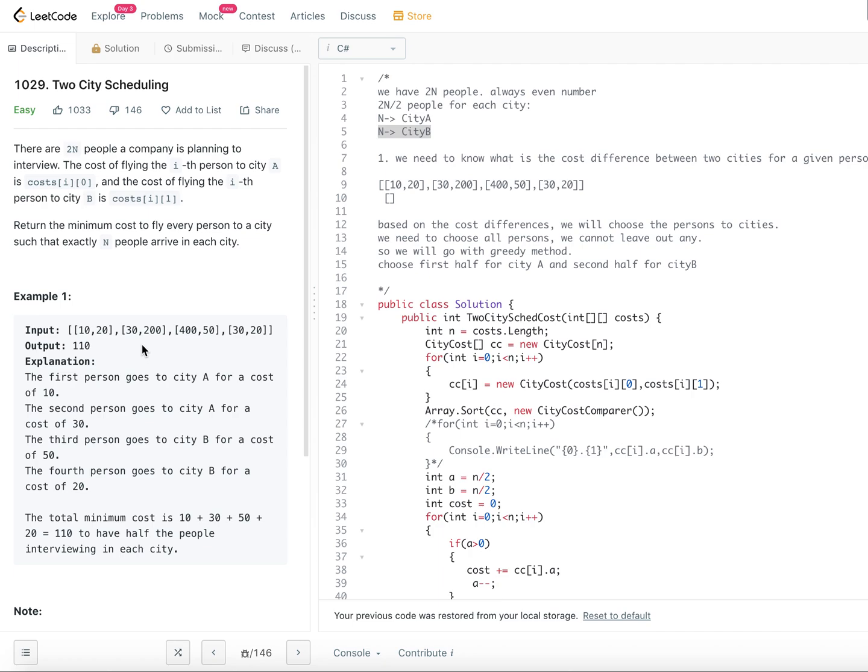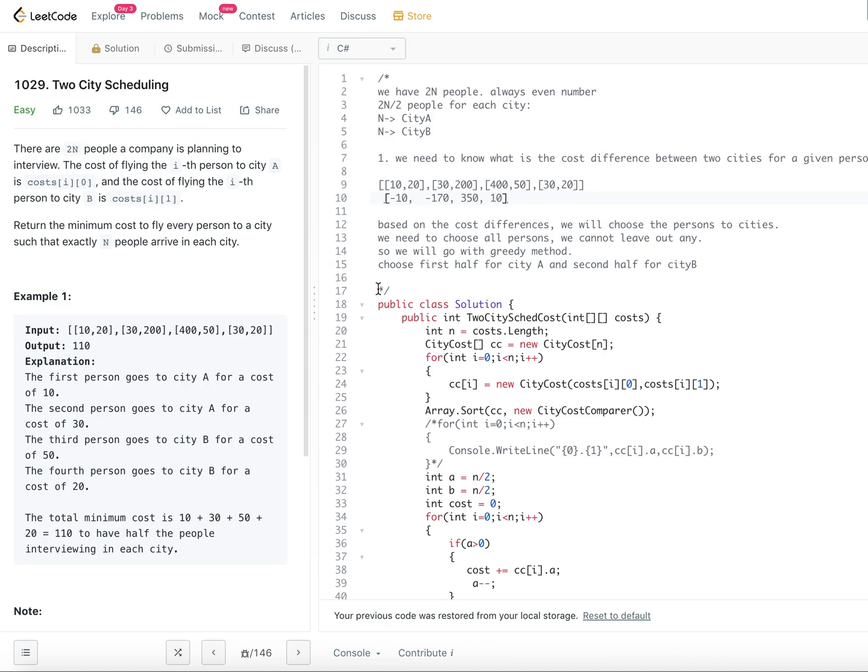So what we are going to do is develop a strategy where we first find the cost differences. So let's go ahead and find the cost difference. What is the cost difference to fly a person to city A versus B?